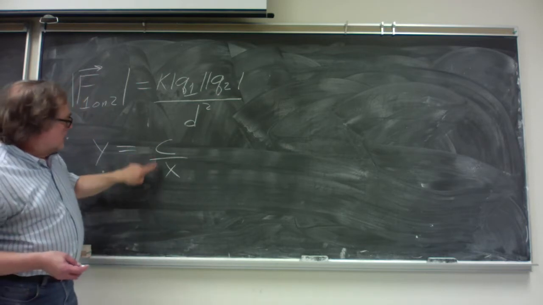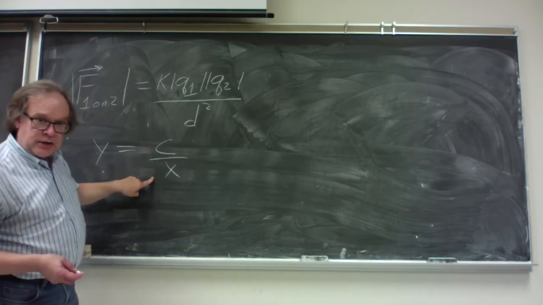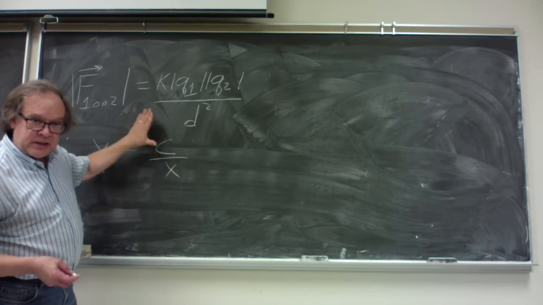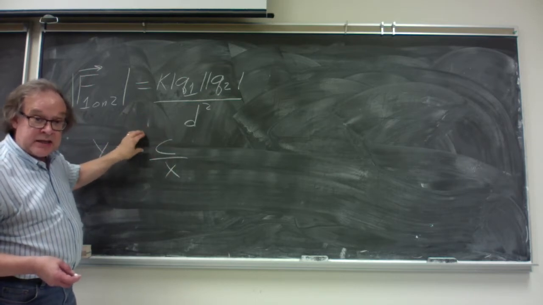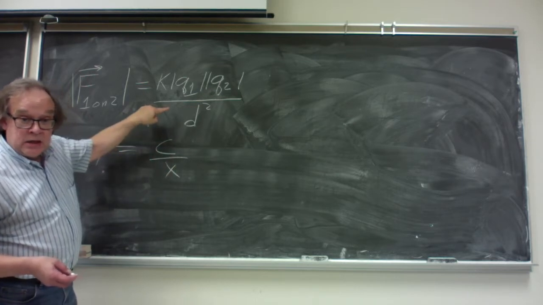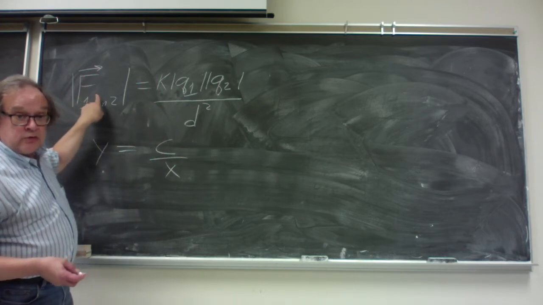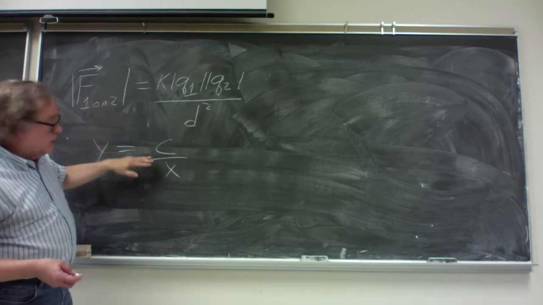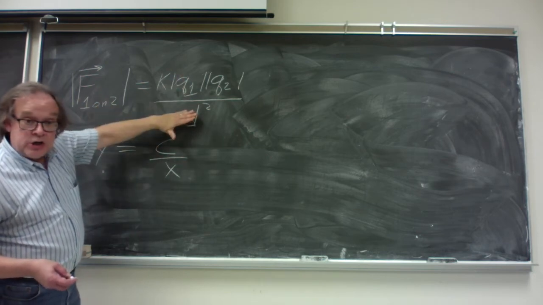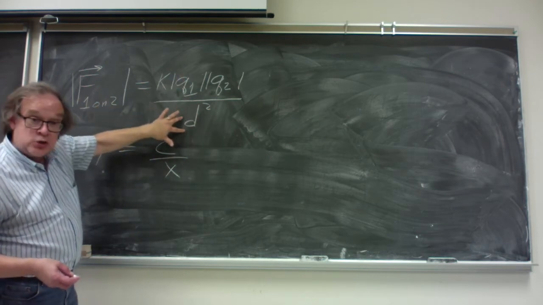And so, remember, this equation tells you that everything on this side of the equation that is not a constant factor is going to be the variable that's inversely proportional to the other variable. So everything on this side of the equation that isn't a constant factor is d squared.